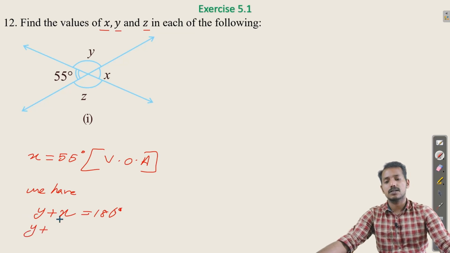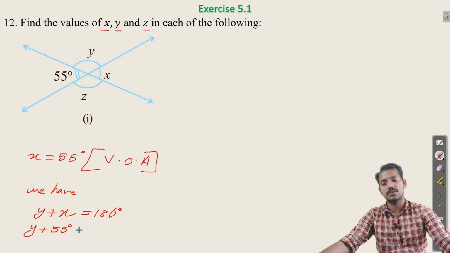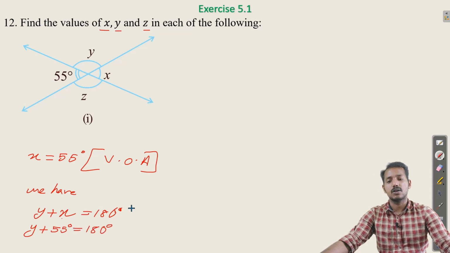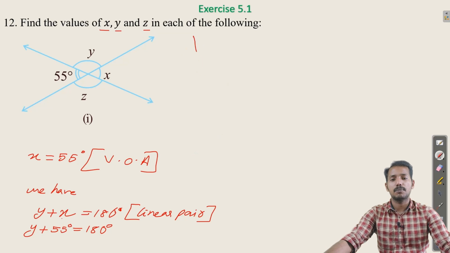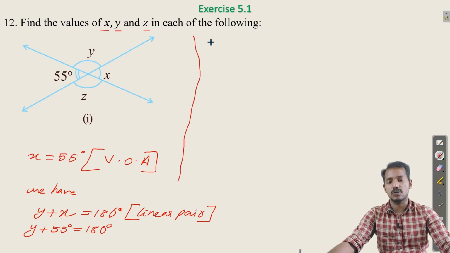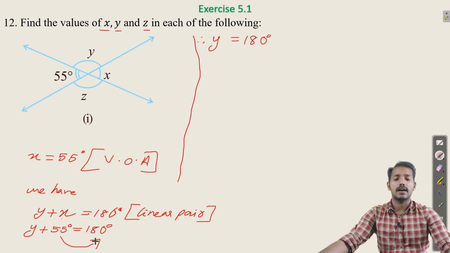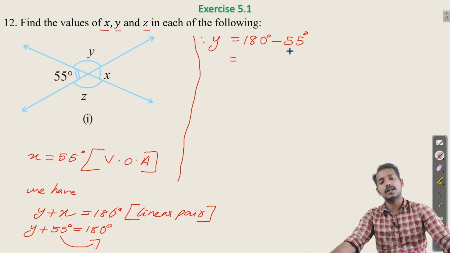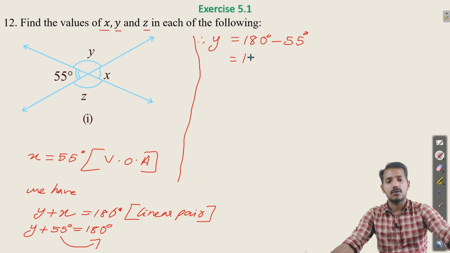Y plus x, substituting the value of x that we got, 55 degrees, equals 180 degrees. The reason we mention is linear pair. Now y plus 55 degrees equals 180 degrees. Transposing plus 55 to the right-hand side, it becomes minus 55, so y equals 180 minus 55, which is 125.